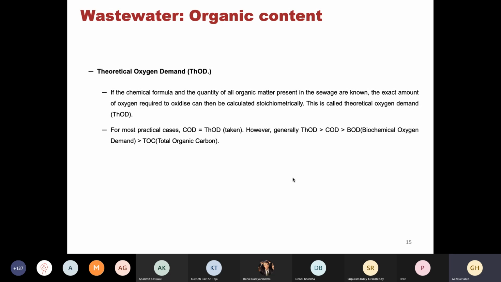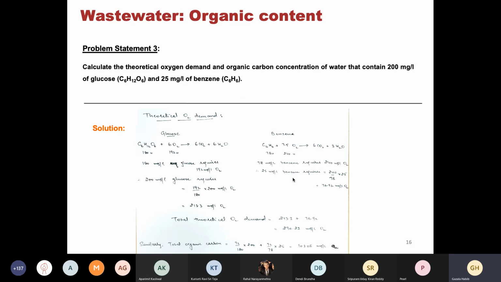For example, if we know that the wastewater contains only glucose, or only sucrose, or glucose and sucrose in some quantity, then we can put the reaction, balance it, and know how much oxygen is needed to convert these compounds into harmless CO2 and H2O. That oxygen demand is given as the theoretical oxygen demand of the sample.